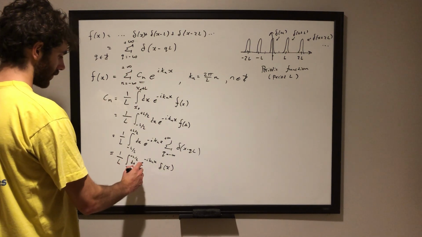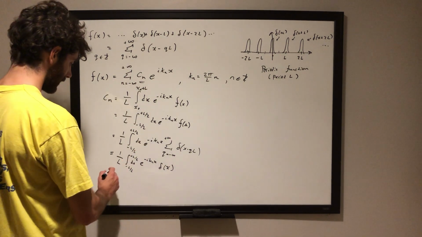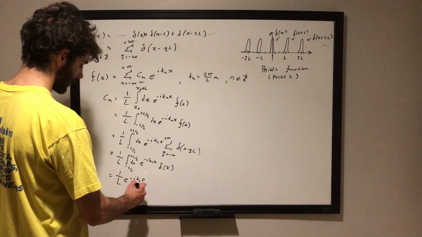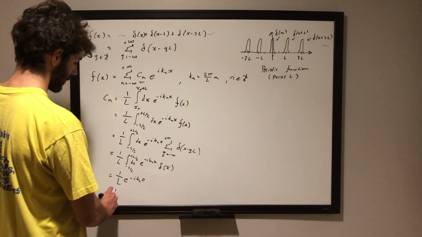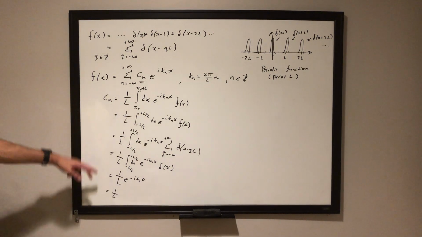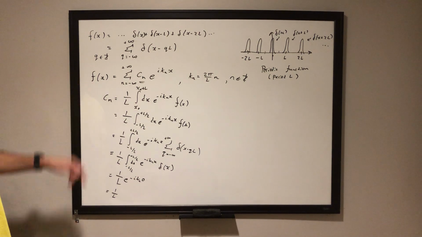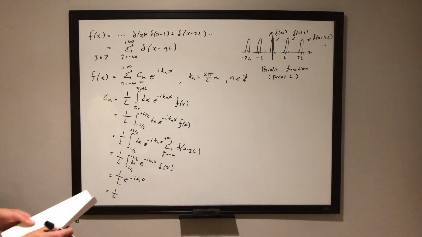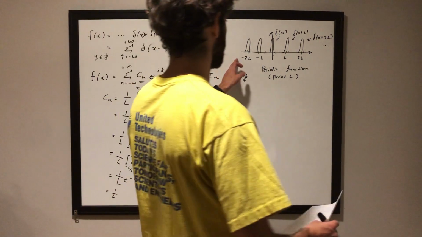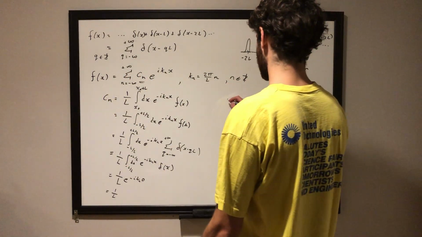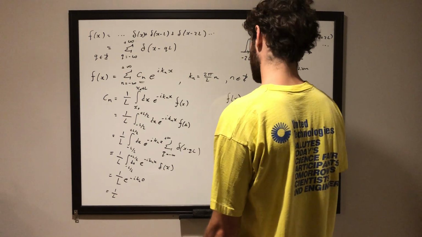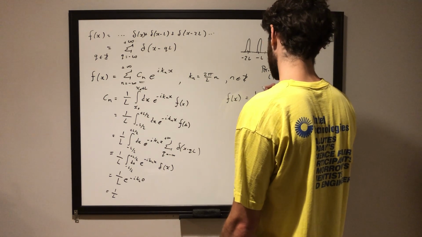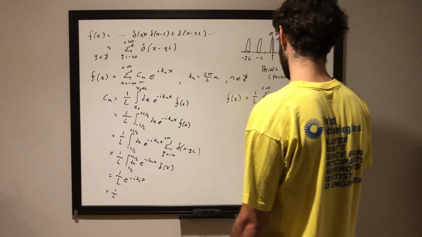So we can just substitute in, so the integral collapses and we sub in x equals 0, and so we get e to the minus i k_n 0, which is just 1, over L times 1, so this gives 1 over L. So each coefficient in the Fourier series given here is equal to 1 over L. So the Fourier series for this periodic sequence of delta functions is just, from this formula here, 1 over L sum on n e to the i k_n x.